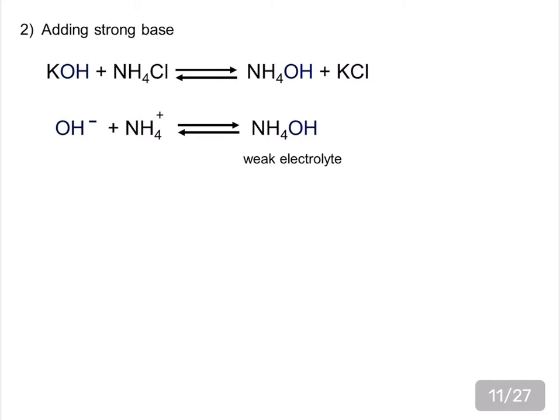The first position is: the components of a buffer solution form a pair, donor and acceptor for protons.